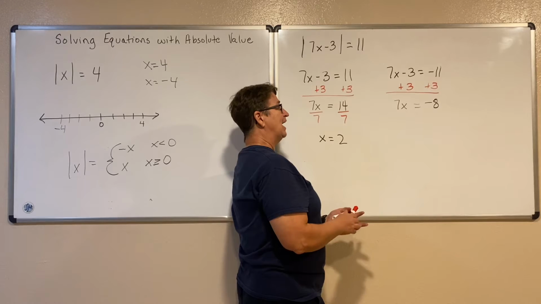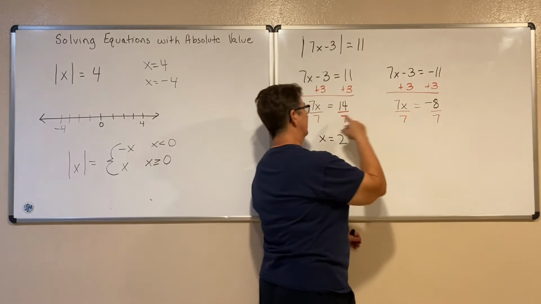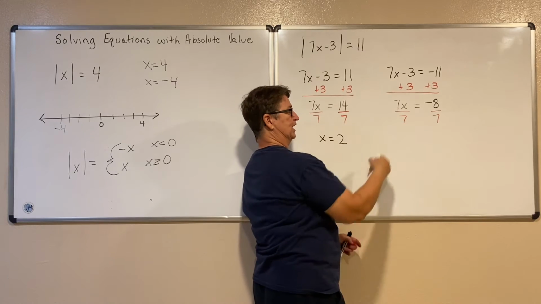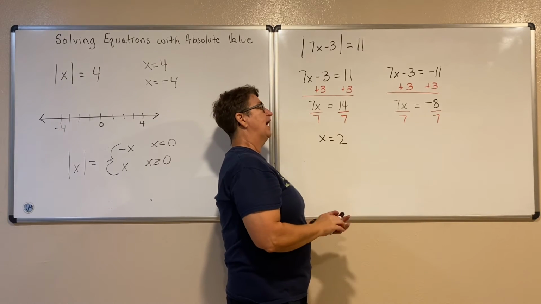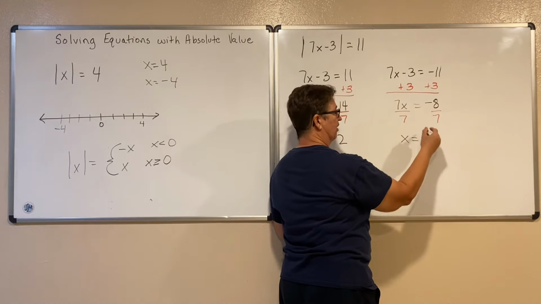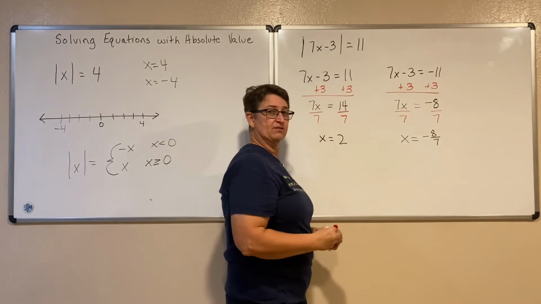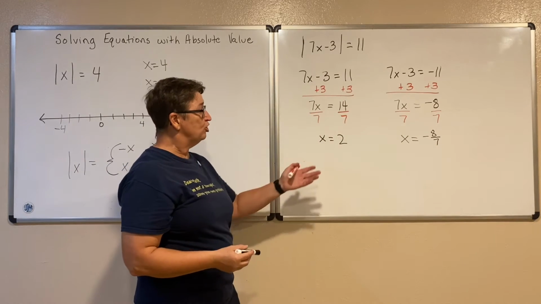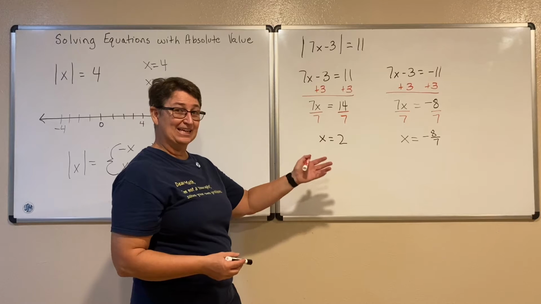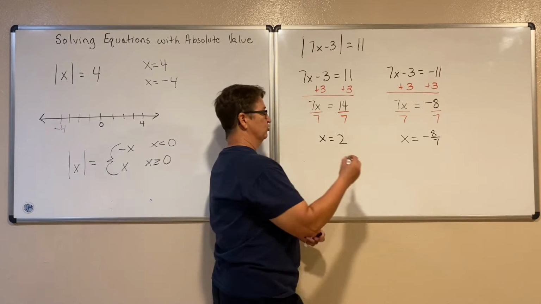Now I'm going to divide both sides by that 7, just as I did here, because the inverse of multiplication is division. And 1 times x is just x. And on the left, I have this negative 8 sevenths. So x could be equal to negative 8 sevenths as well, and it's going to make this equation true.